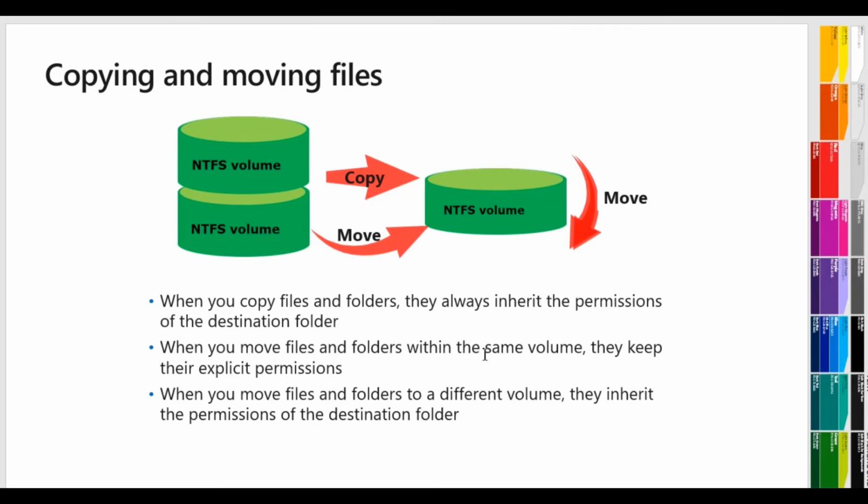When you move files and folders in the same volume, they keep the explicit permissions. When you move files and folders to a different volume, they inherit the permissions of the destination folder. Whether you copy or move, they will get all the permissions from the destination.